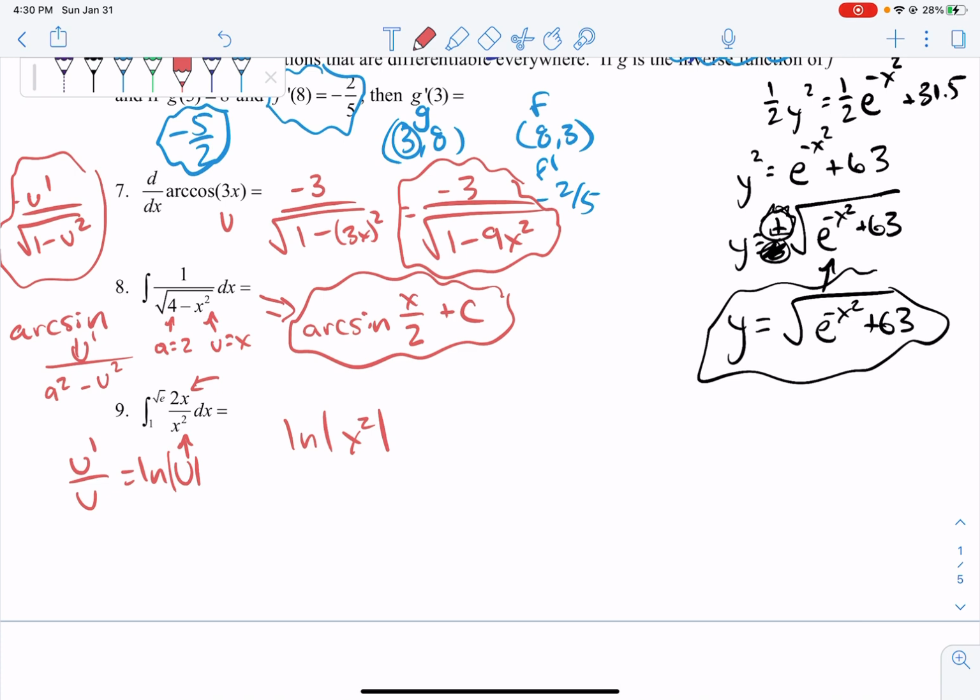But I'm not going to have a plus c because it gave me my bounds. So I'm actually going to evaluate that from 1 up to root e. So when I plug those in, I end up with the natural log of root e squared minus the natural log of 1 squared.